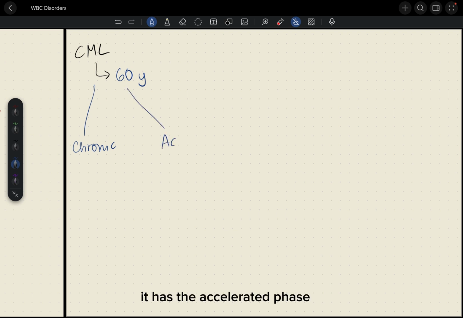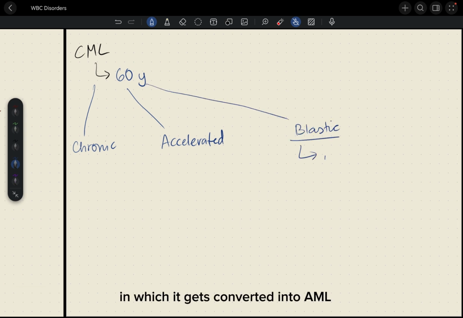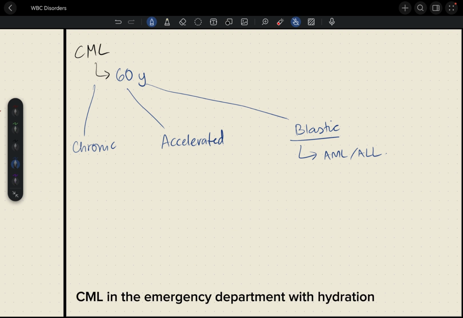It has the accelerated phase, in which the patient has abnormal bruising, petechiae, bone pain, and finally it has the blastic phase, in which it gets converted into AML or ALL, which is why CML is so dangerous.